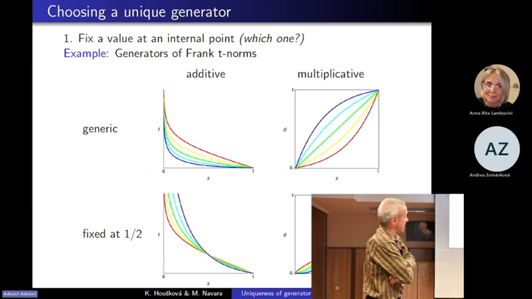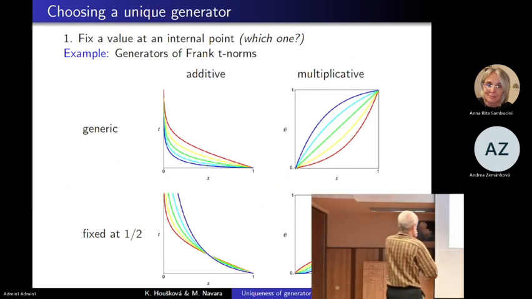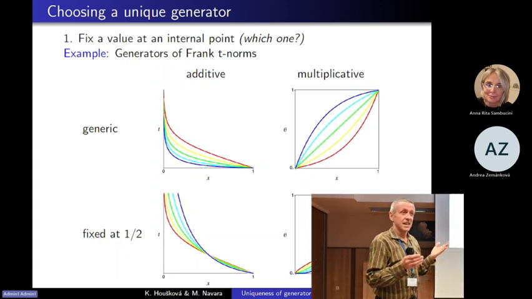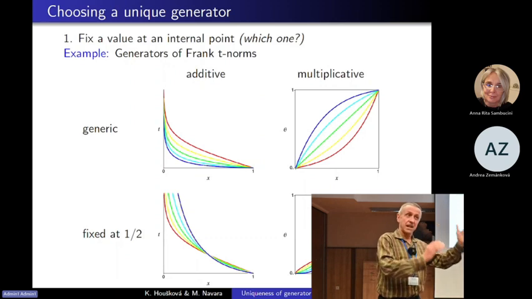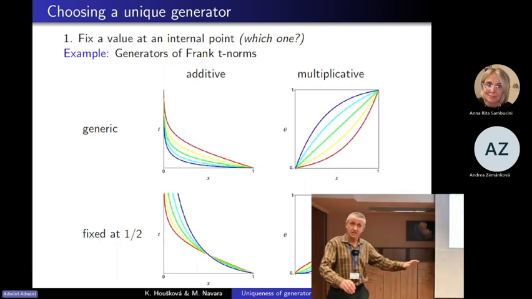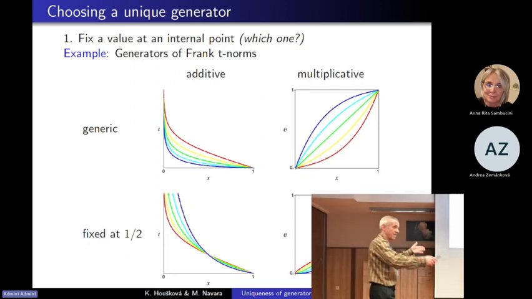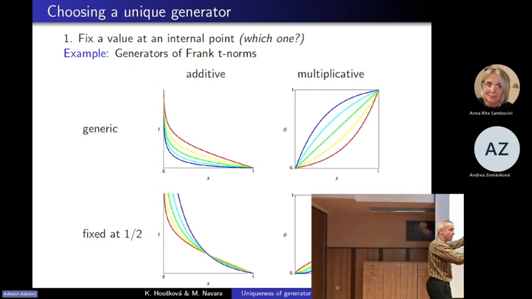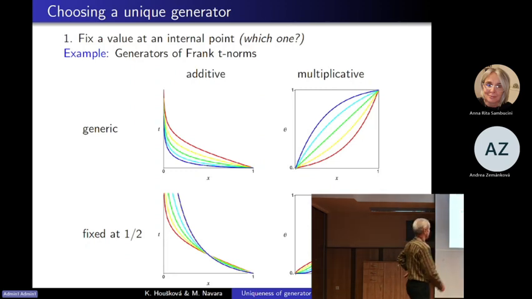So it doesn't make sense. So we want to choose one specific generator and speak of that as a starting point for saying anything about its shape and convexity and so on.